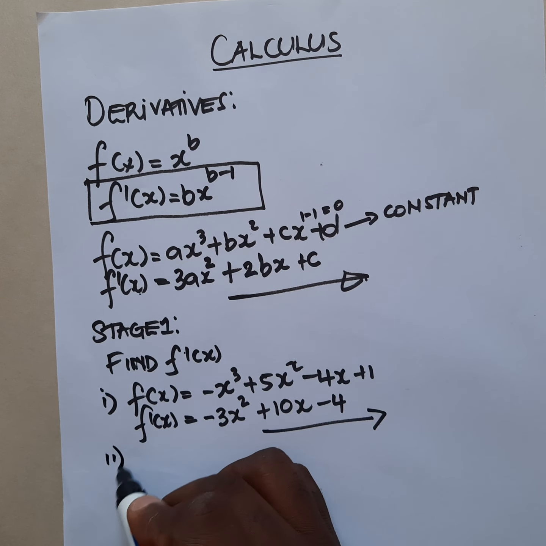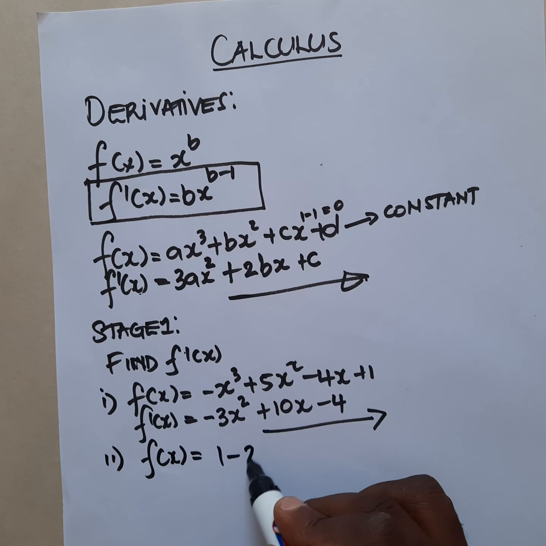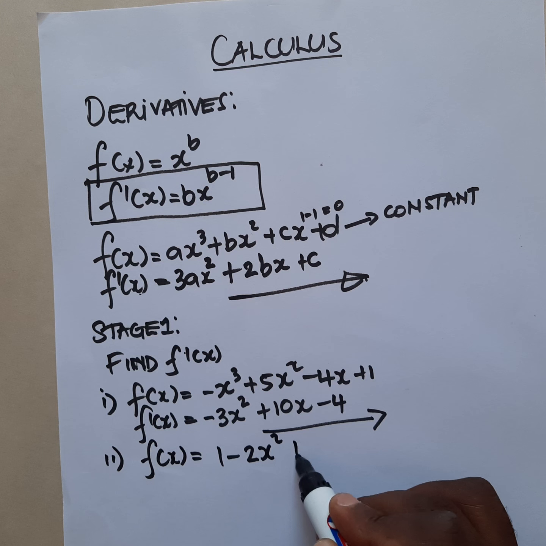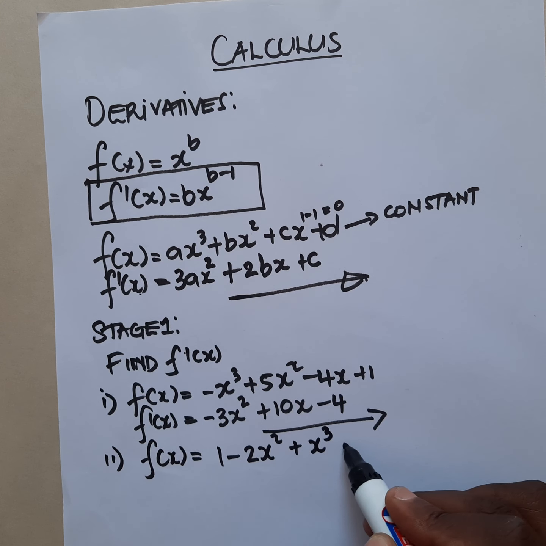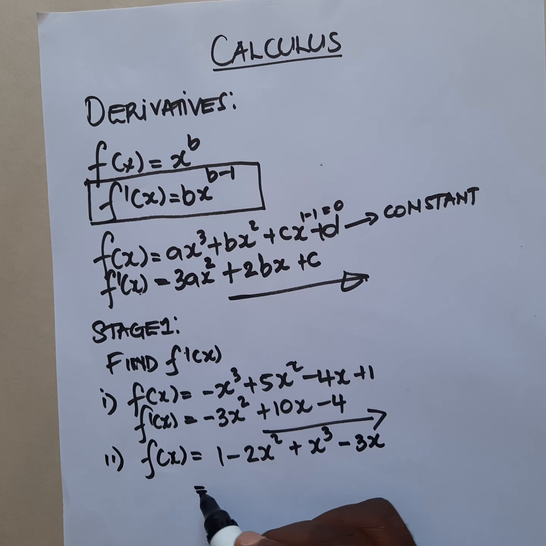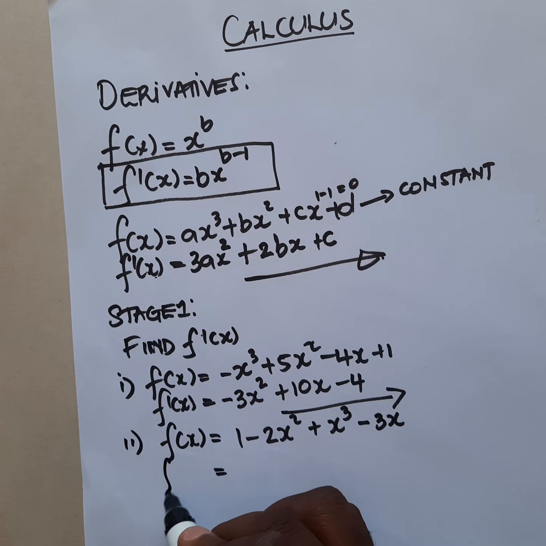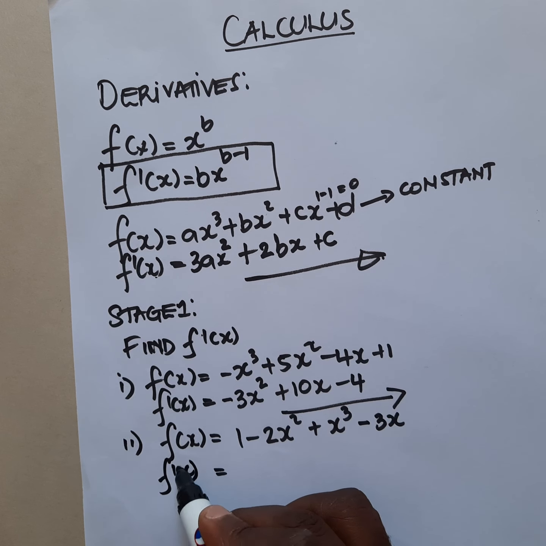Okay, number 2, if you are given f of x is equal to 1 minus 2x squared plus x cubed minus 3x. Okay, let's find the derivative of f of x here, f prime of x.